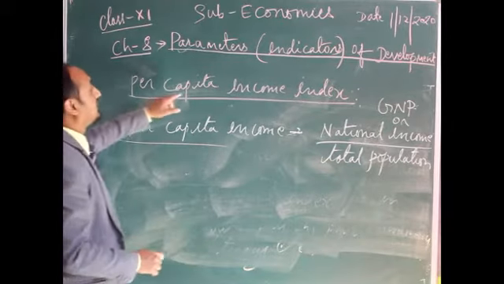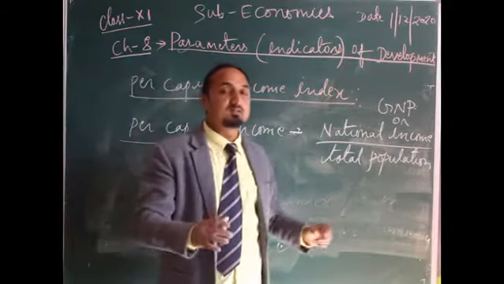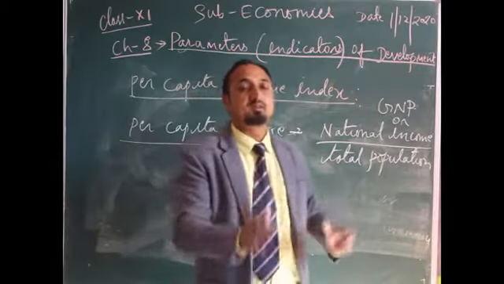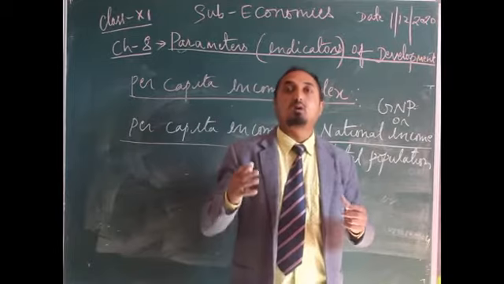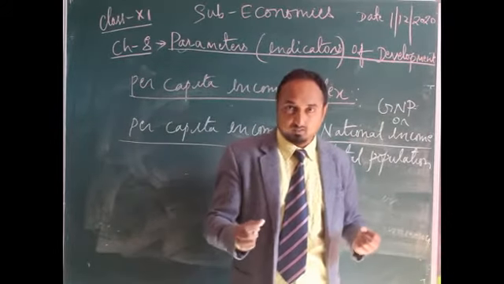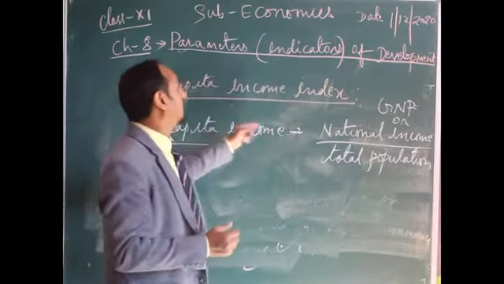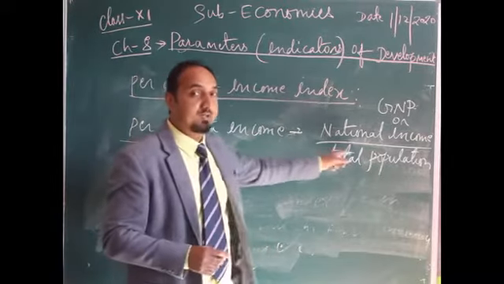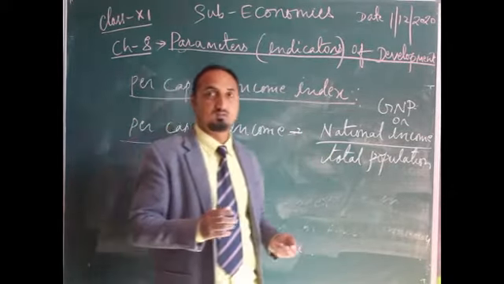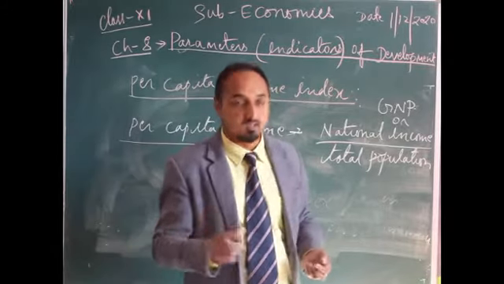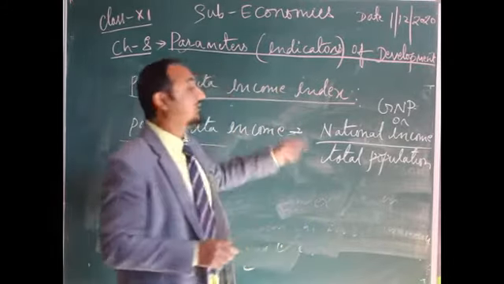This per capita income index is a traditional and old method of measuring the welfare or economic development of a country. So this is the way to calculate the per capita income. Now you have to understand that there are certain limitations in the per capita income index.